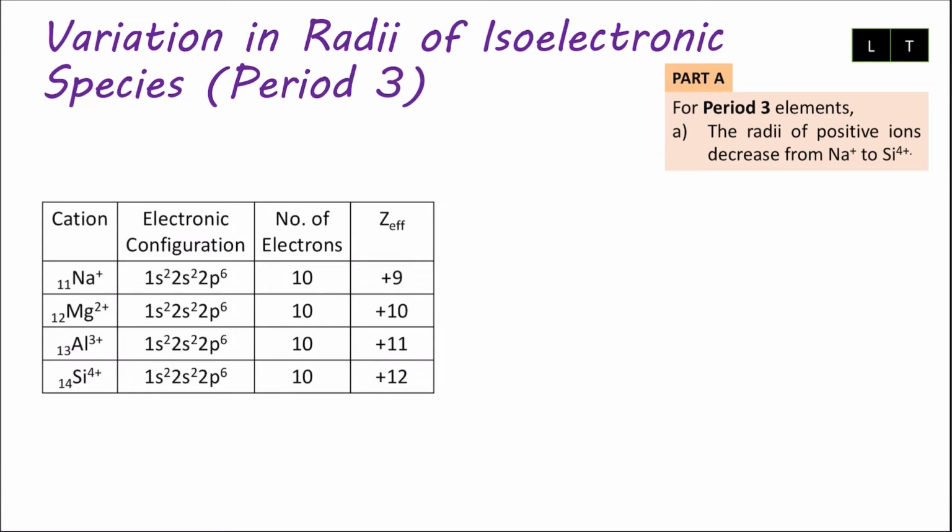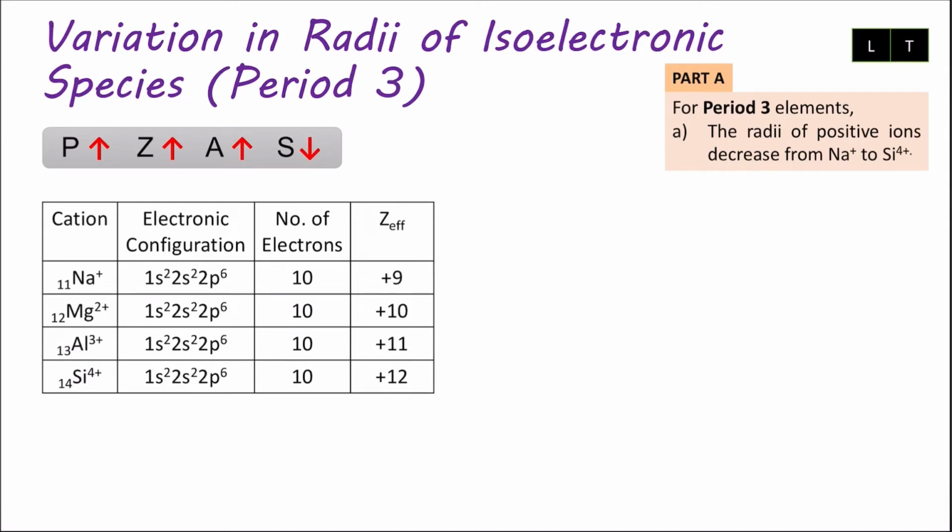So you can take a look here, all of them are in the same period, and you can see the ZEF value increasing from Na+ to Si4+. So of course, the acronym that we are going to use based on layout is PISAs.